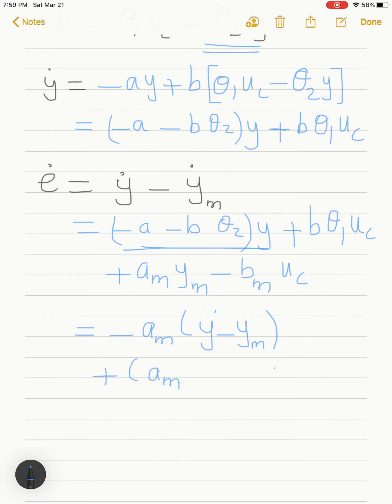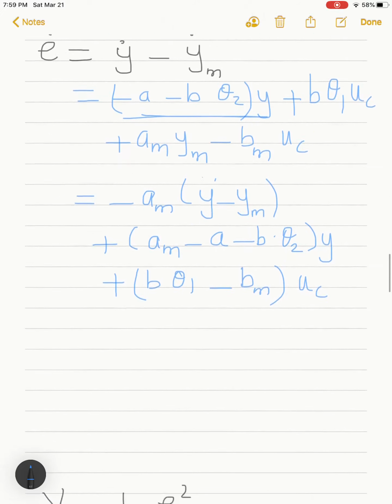So that would be am minus a minus b theta 2 times y plus b theta 1 minus bm times uc. So this is the error equation.